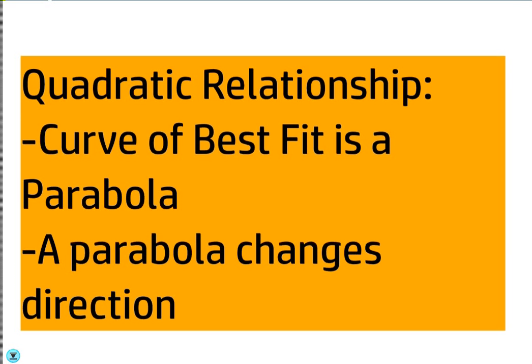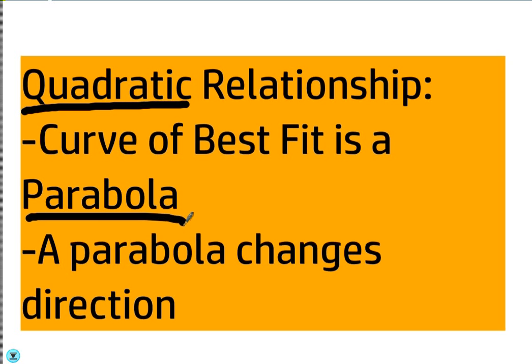Okay, the next one's one you're definitely going to have to write down. That word is quadratic relationship. Quadratic and the word parabola go hand in hand. A quadratic function has the shape of a parabola. Now, I wish we had time in this class to dive more into parabolas, and we actually will.